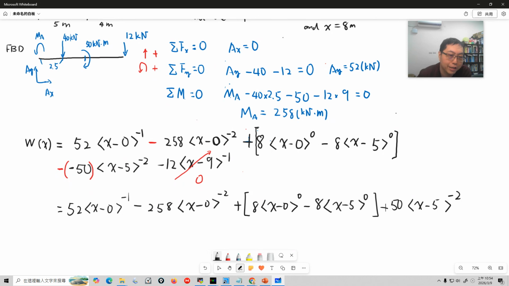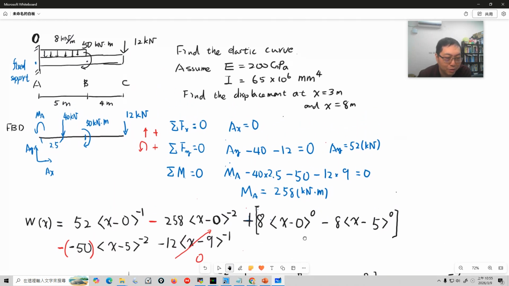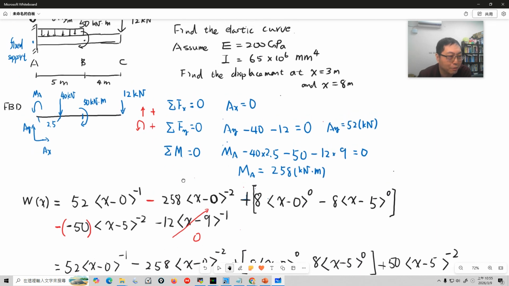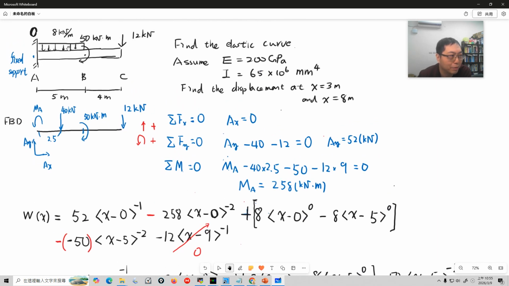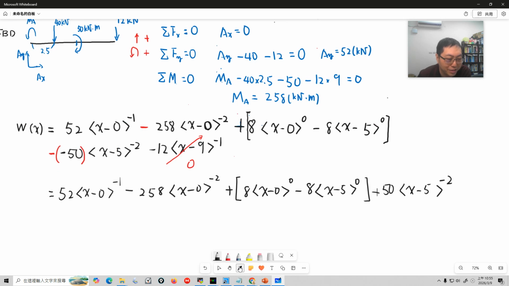Sorry, I made a mistake here. What mistake did I make? The distributed load here is pointing down, so this 2a should be minus a. Okay, this is minus a.